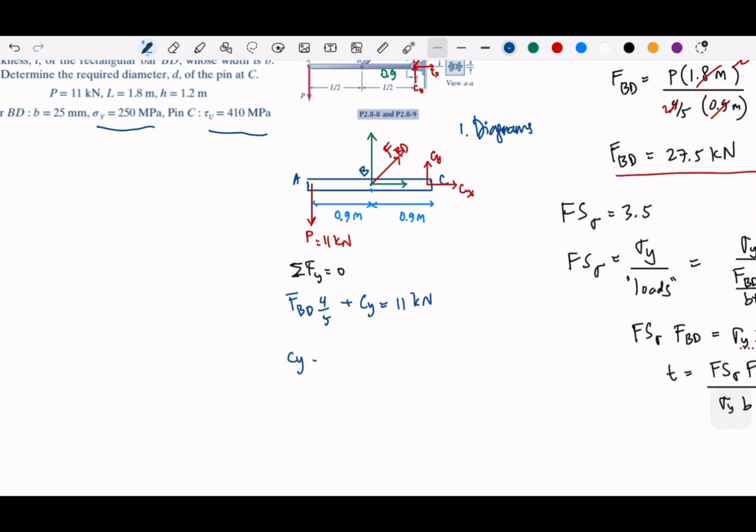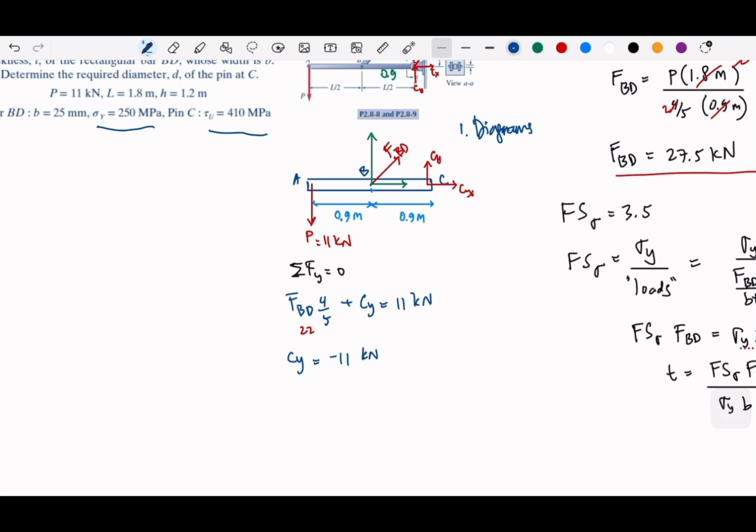So Cy is, what is this? 4/5. Let me check, just to make sure my calculation is correct. Yeah. So this is 22. So Cy is negative 11 kilonewton.